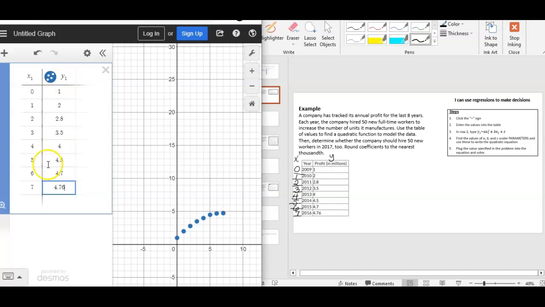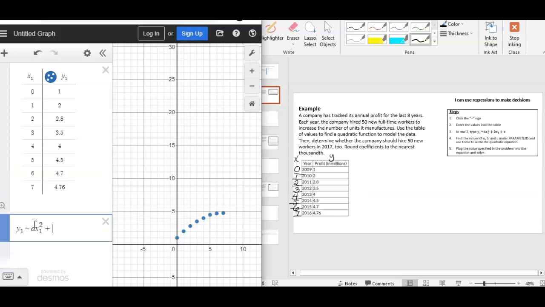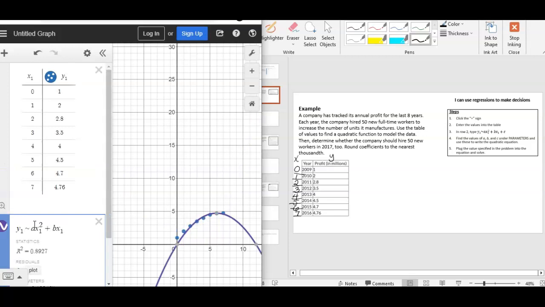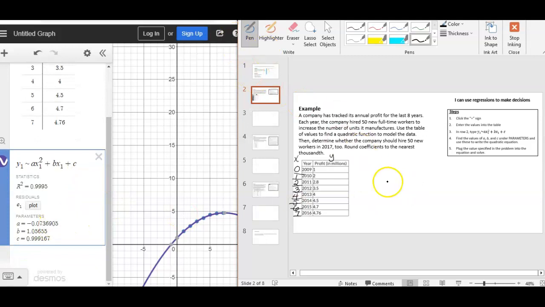Okay, so now in the second row, I'm going to tell it to approximate a quadratic. So I'm going to say y1 is approximately a x1 squared, plus b x1, plus c. Okay, so now you can see it's given me my quadratic function, and I can write the equation.